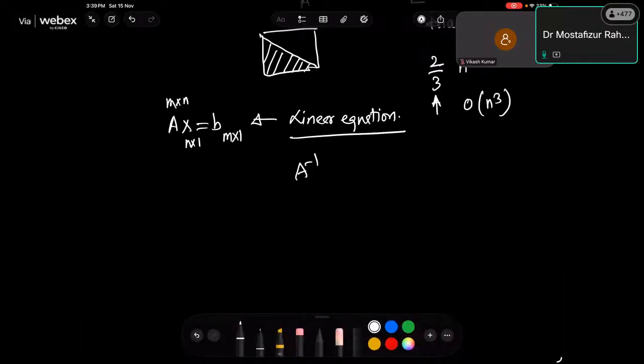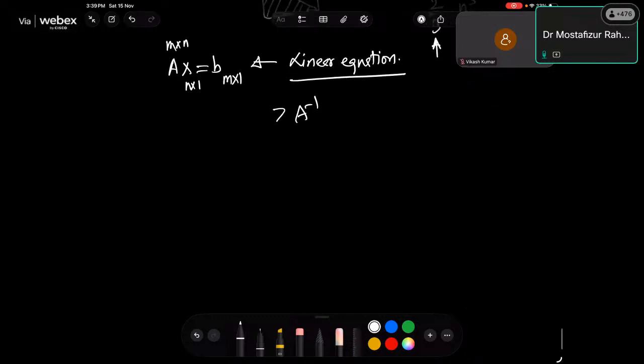Whether A inverse exists or not, that's a question, because it's a rectangular matrix, I cannot directly invert it, right? LU decomposition is basically for any A, you can decompose it into lower and upper parts. But in general, for M cross N matrices like this, there is a method called the least square method.